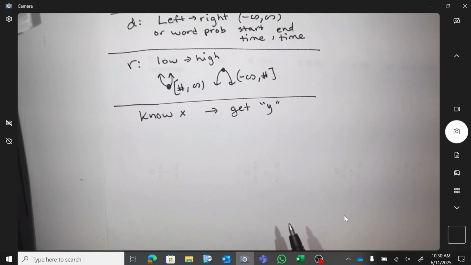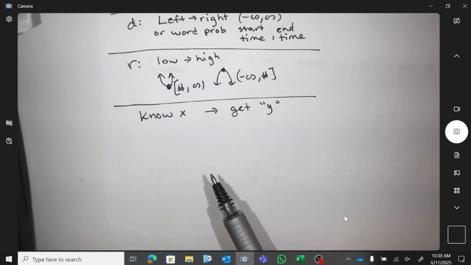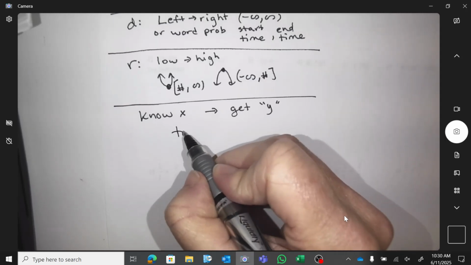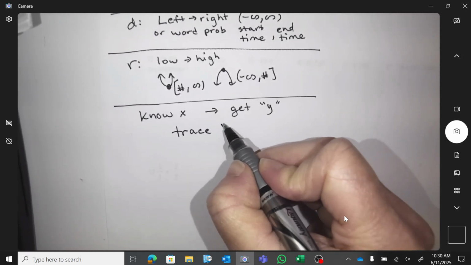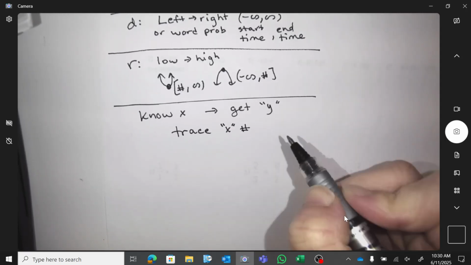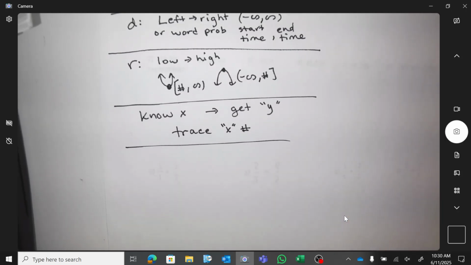Okay, now you have two situations in word problems. Sometimes I say, where are you when X is this? So if you know X, you trace the X number. That's all you do. You just trace the X number and you get there. Just tell your mouse to go there.